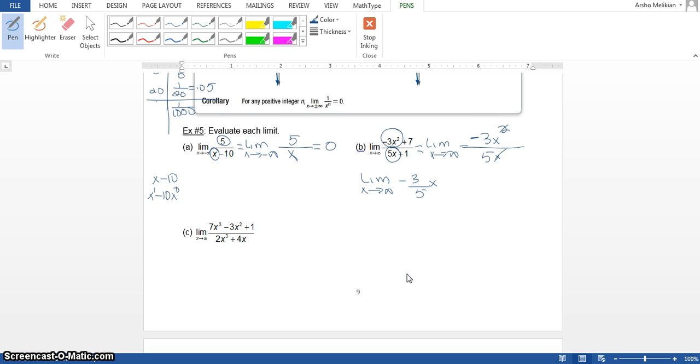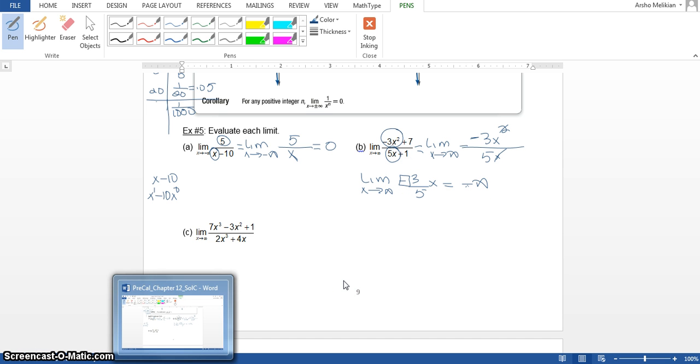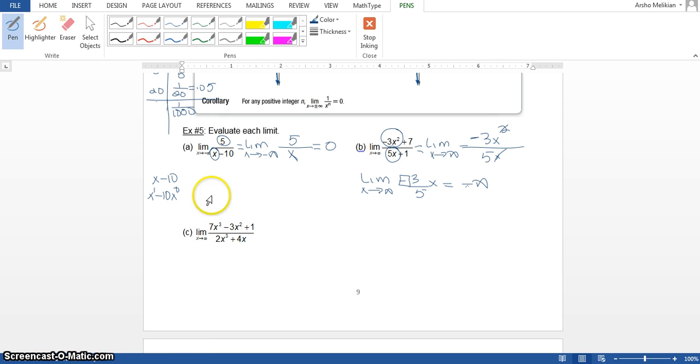Now x is on top. That means you're multiplying by x. And when x is infinity, that means you're multiplying by infinity. So it's going to be a large number. Therefore, this is going to be negative infinity. The negative sign here makes that a negative infinity. And then dividing by 5 doesn't mean anything. This is 3/5 of infinity.